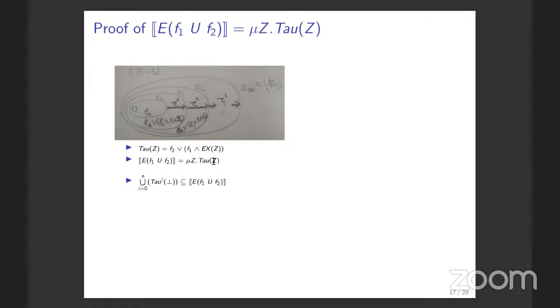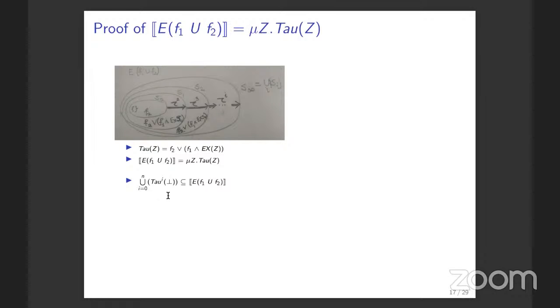When I say the fixed point is computed as a chain of iterations, the limit of that tau chain is actually the union of all the tau i's, starting from 0 to some n. In the case of a finite state system, it is some finite n. And when you reach the fixed point, you would have done the union of all those things.